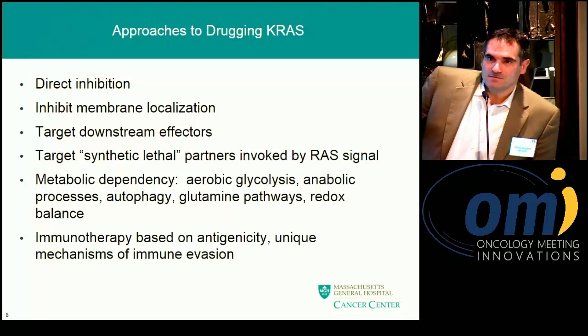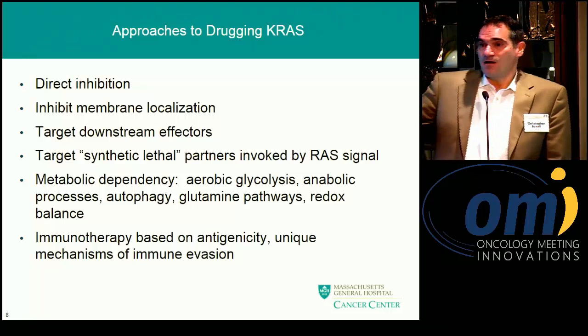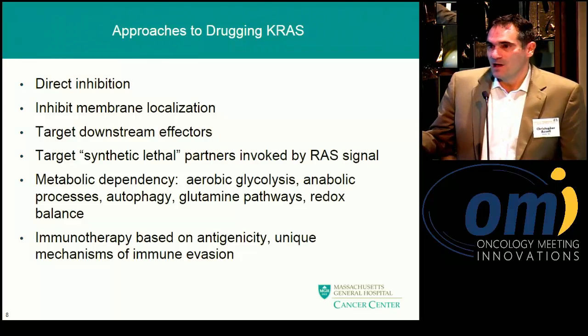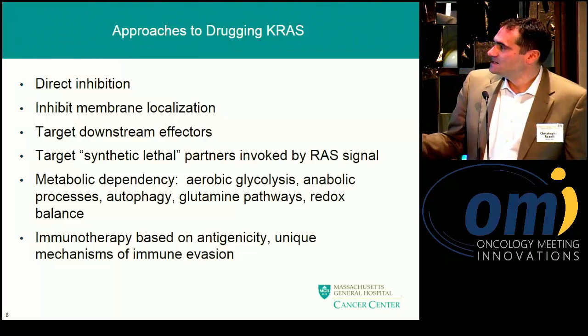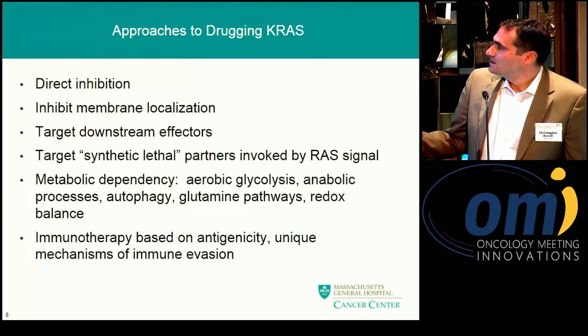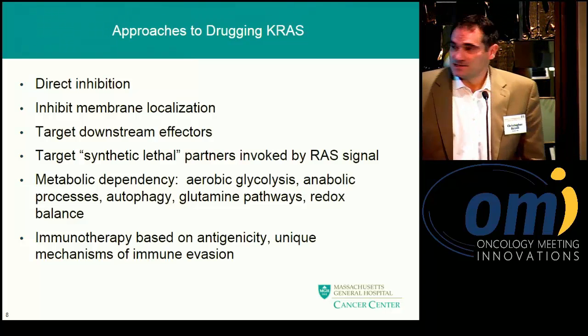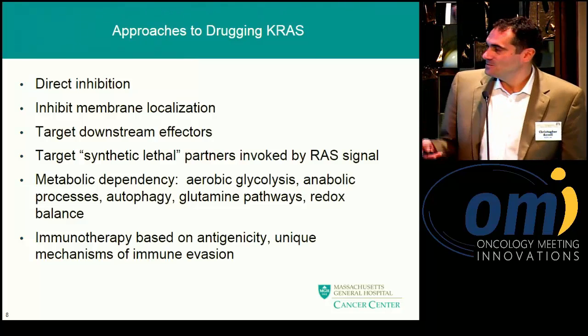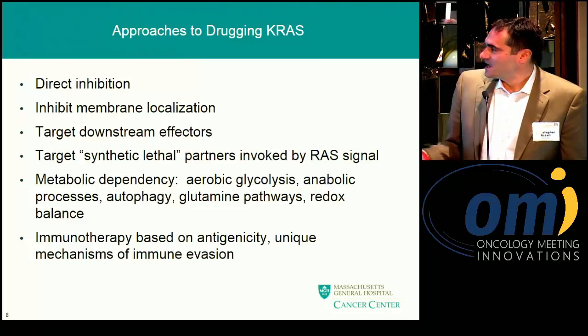There's a sense that KRAS-driven cancers are very dependent on targetable metabolic pathways, so a lot of interest in anti-metabolism drugs targeting aerobic glycolysis or the anabolic processes that the cell needs to continue to listen to that KRAS signal.